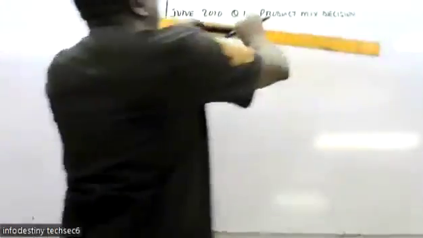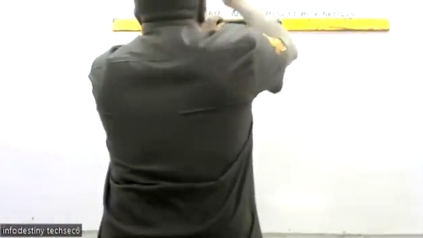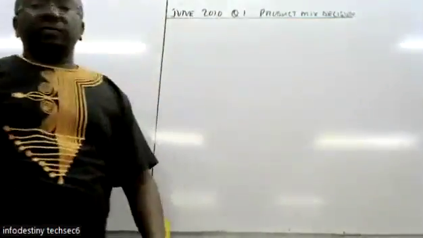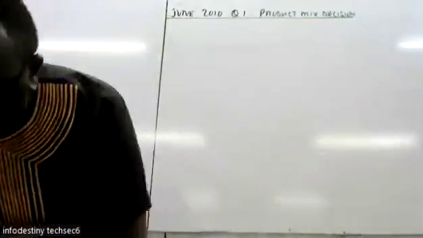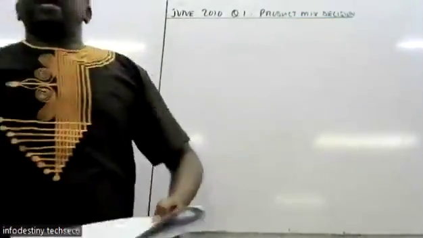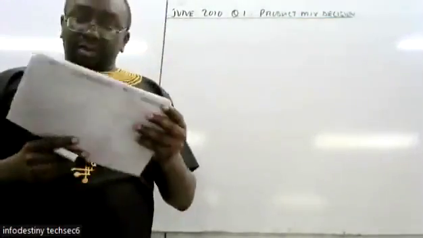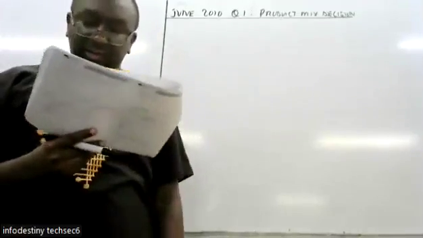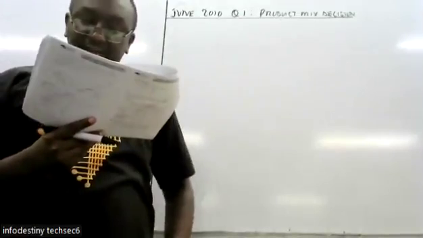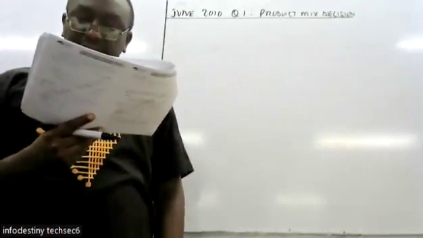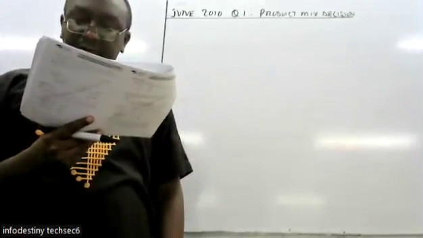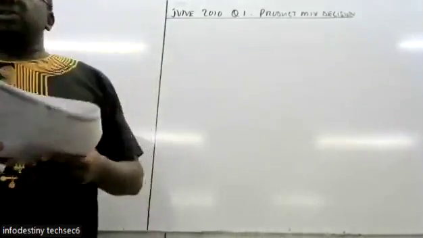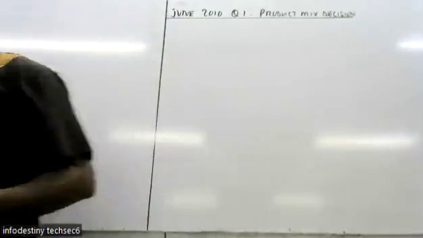It's on product mix decision. So the question says, part A, describe the key consideration that should be applied in presenting information for product mix decisions when capacity constraints exist. The key consideration.